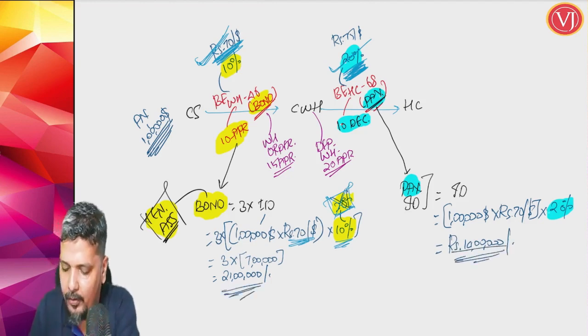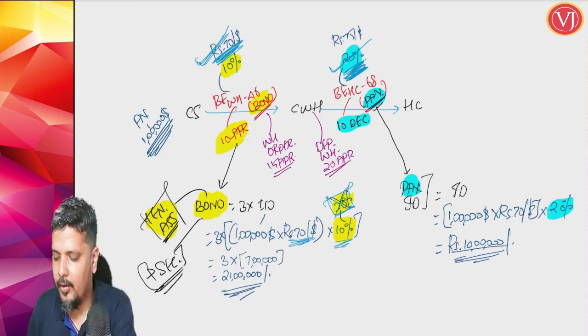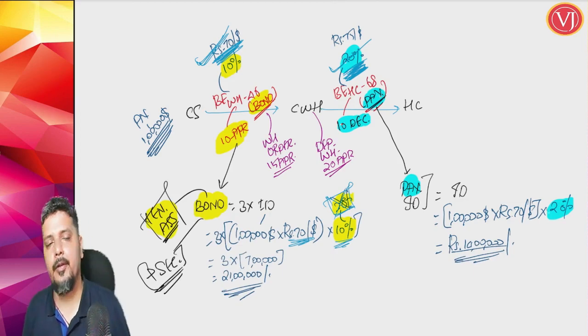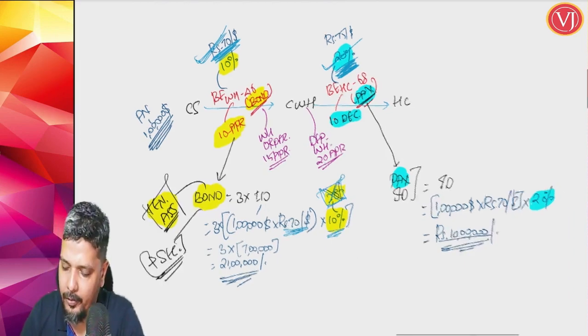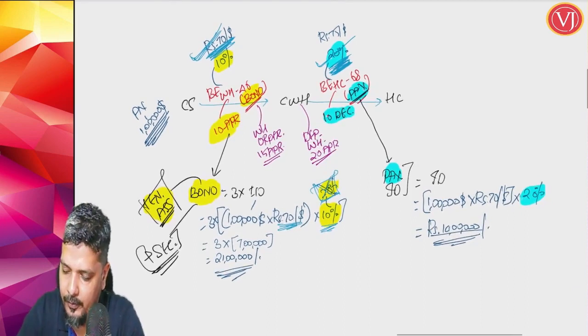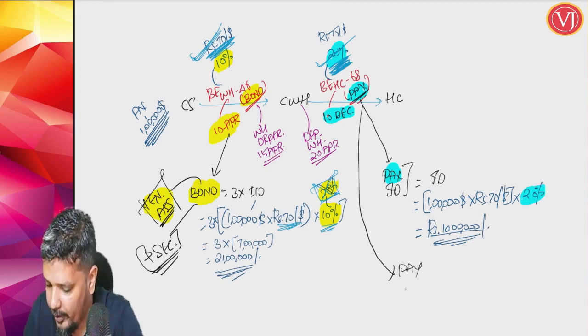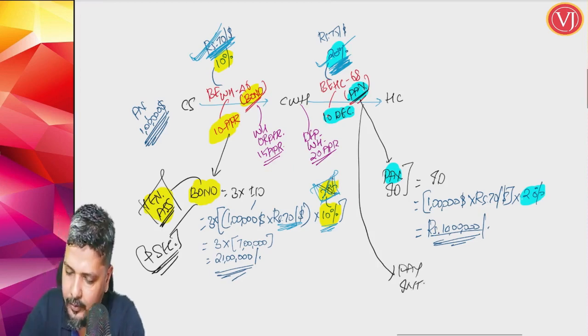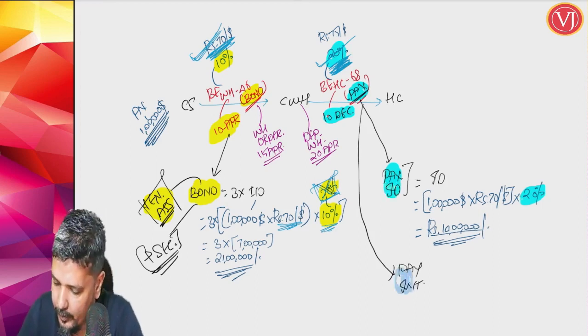The bond is always along with security. Now this is the payment. Clear? Now what is the interest portion? When you are going to pay import duty, you are also going to pay interest.